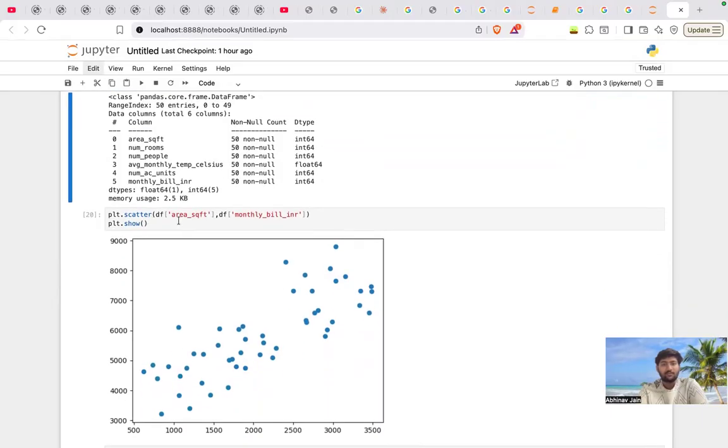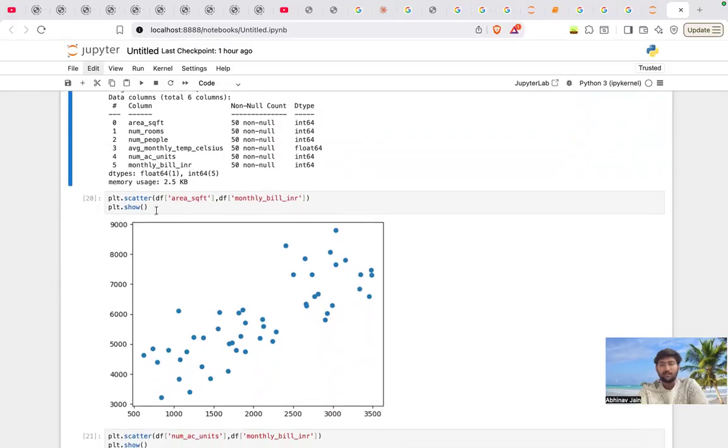Okay. Now we will see the scatter plot, how these points are spaced out in the x and y plane, like how I showed you in the presentation.